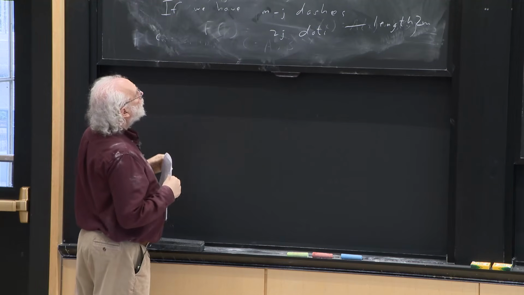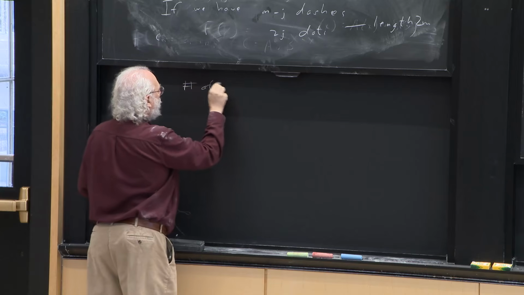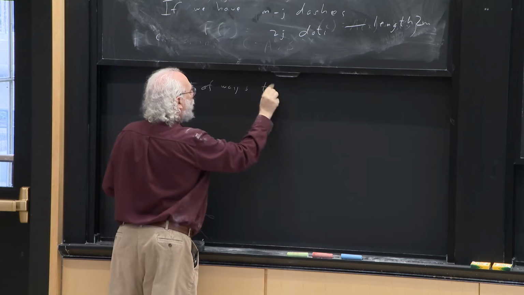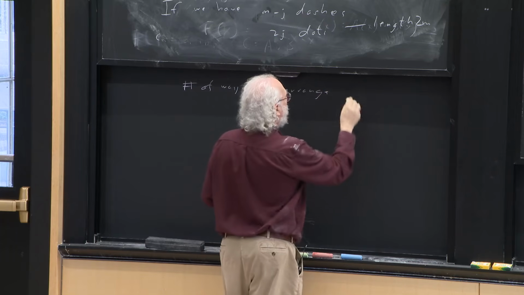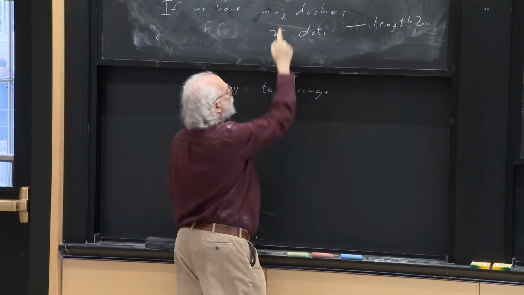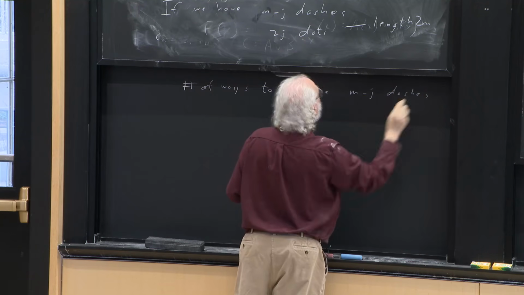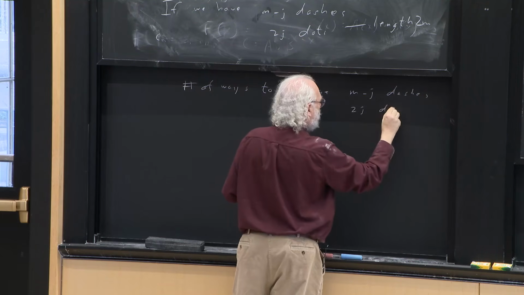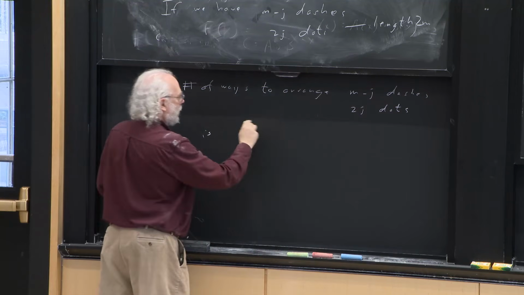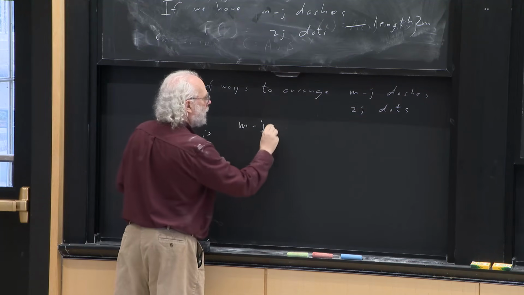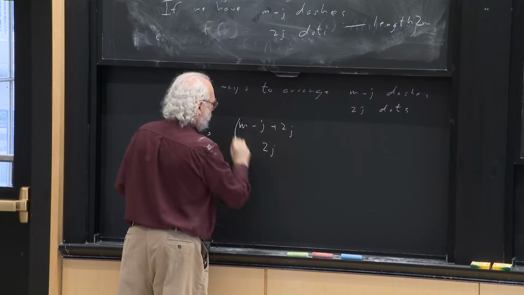And the number of ways to arrange m minus j dashes and 2j dots is m minus j plus 2j, choose 2j.